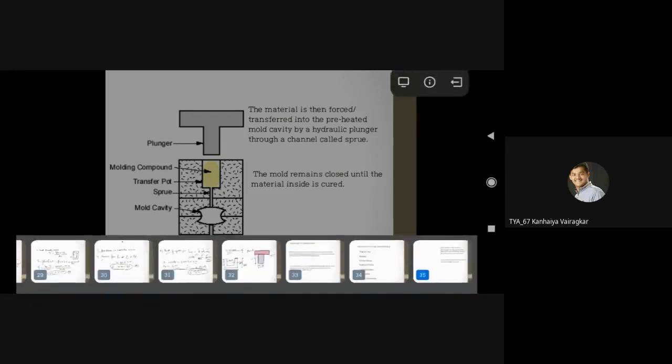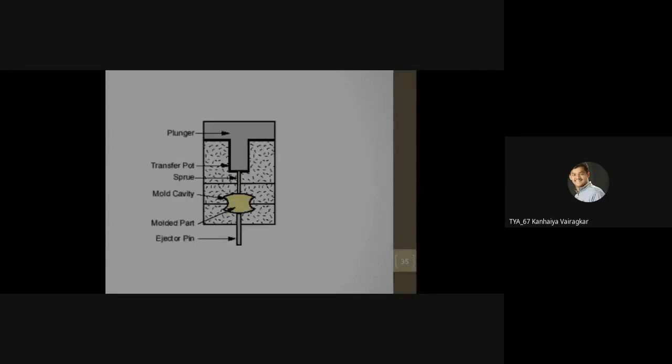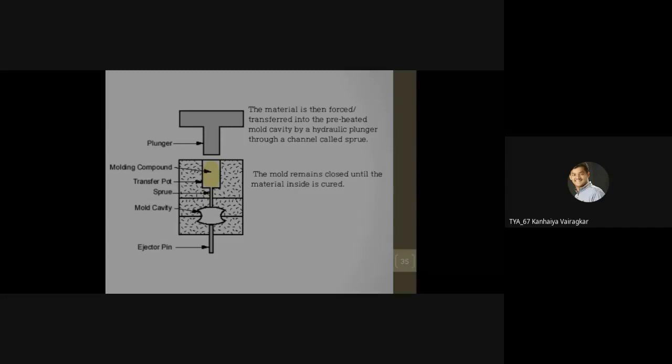Once this material is kept inside the transfer pot, the mold boxes are closed. Now what is happening here? Just check the two figures carefully. The plunger is outside this transfer molding setup.